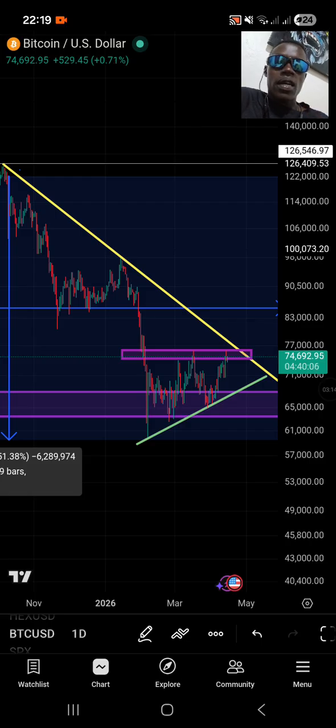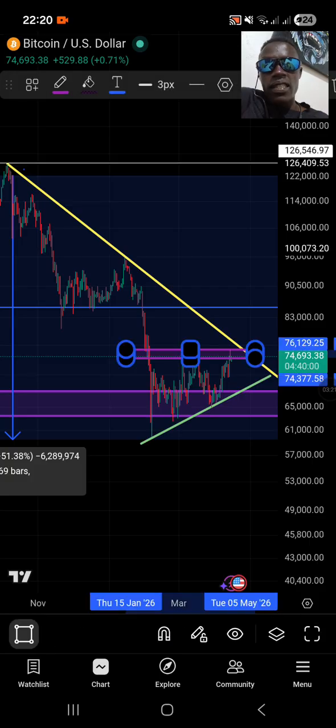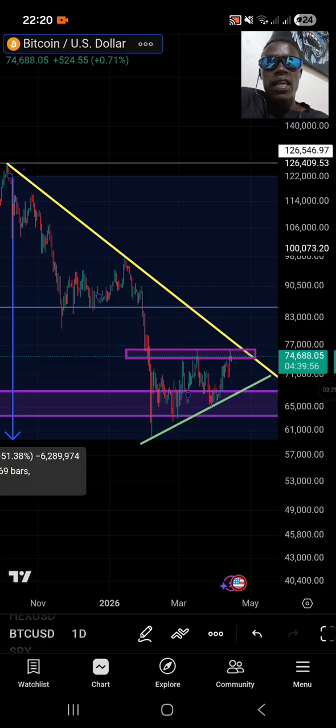Now this is what happens if price breaks on the upside from the current rectangle zone that we are seeing here, which is acting as a resistance zone, and breaks out of the yellow resistance zone, which is also the trend line.